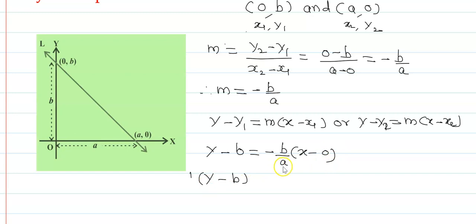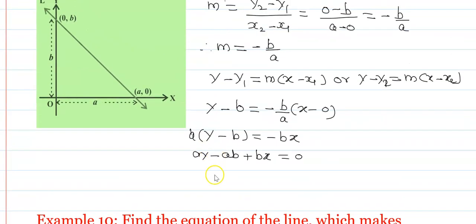Therefore, transfer this a to the left-hand side. It will become multiplied: a in bracket y minus b is equal to minus bx. Now the simplification: ay minus ab plus bx is equal to 0.